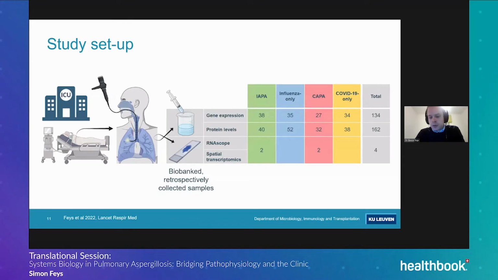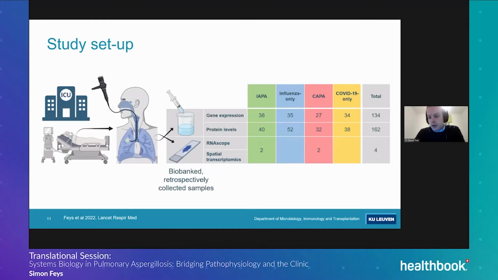Eventually, we ended up with approximately 170 BAL samples in total, in 4 patient groups. We had VAPA patients, influenza-only patients who did not have aspergillosis, CAPA patients, and COVID-19 only patients. Important to say is that these samples were taken generally very early during ICU admission, mostly within 4 or 5 days after they had been admitted to ICU.